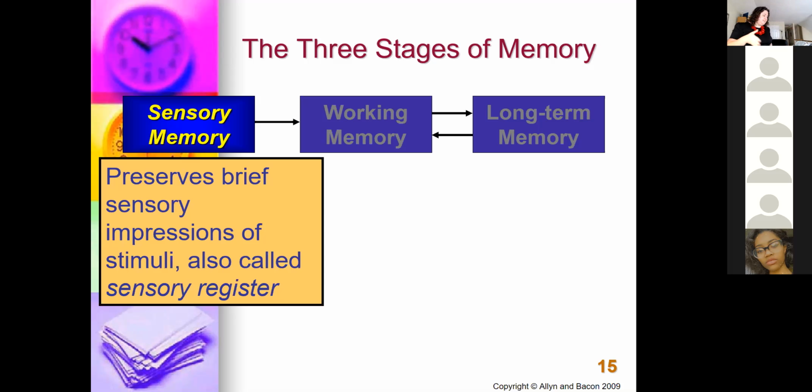Psychologists believe that in this stage, memory takes the form of essentially neural activity in the sense organs. It's essentially moving from sensation to perception. That's sort of what's happening here. It's basically information preserved in its original sensory form for a very brief time. It allows the sensation to linger briefly after sensory stimulation is over.